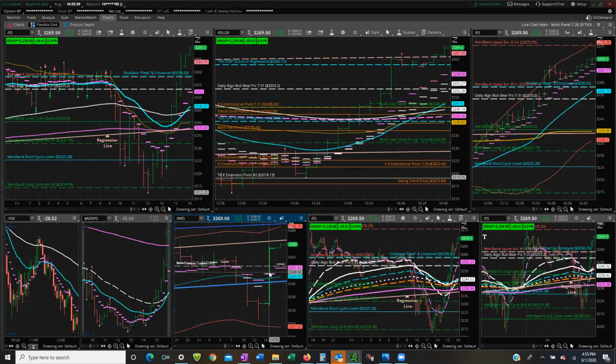Notice what happened when it crossed it, which was, call it 32.47. Boom. Now, with this move up that we've had over the last couple months, the tendency is that ES does not like to trade below this intermediate cycle purple pivot that often. And when it reclaims it, it runs.